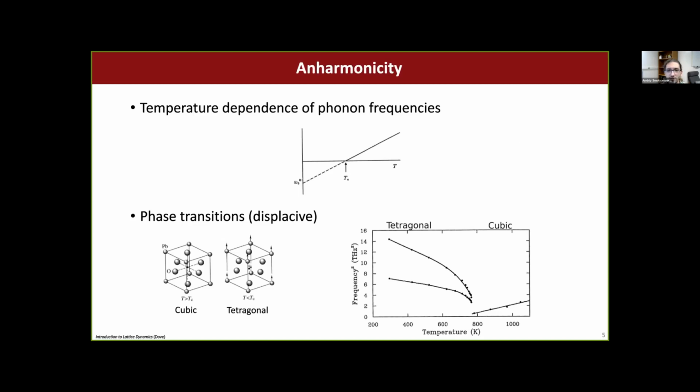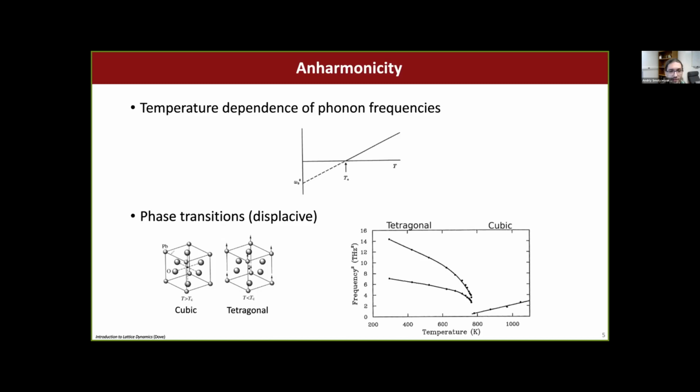At zero temperature, which corresponds to the harmonic approximation, you actually get an imaginary mode, which means that your structure is unstable. But when you raise the temperature, you have a positive omega squared, which means that you have a stabilization by anharmonic contributions. This can lead you to a study of phase transitions.